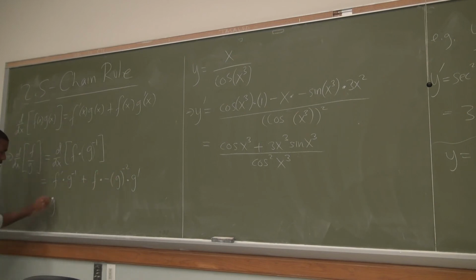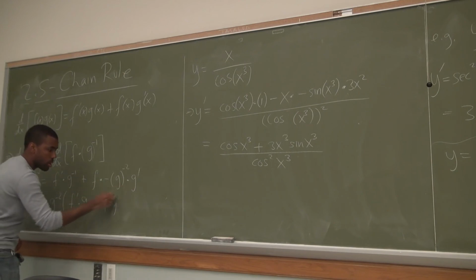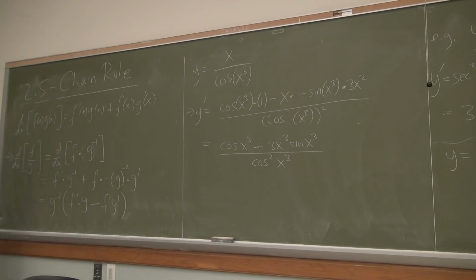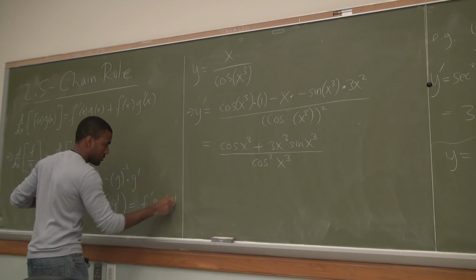So you can take out g to the minus 2. And what would you have? f prime times g, because when I add minus 2 with a plus 1, I get a minus 1. Minus f times g prime, over g squared, because this is g to the minus 2. That's just over g squared. Which, holy crap.